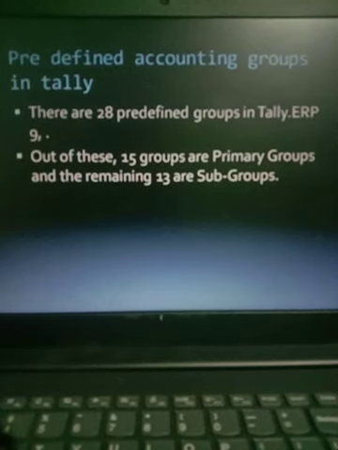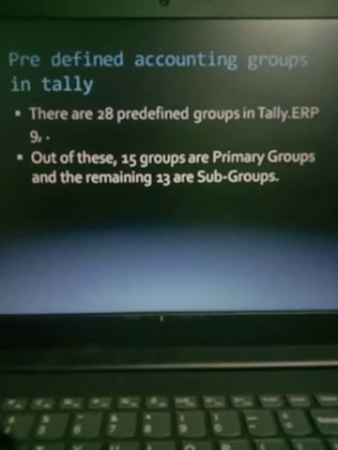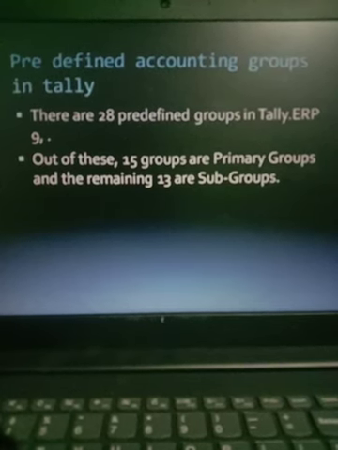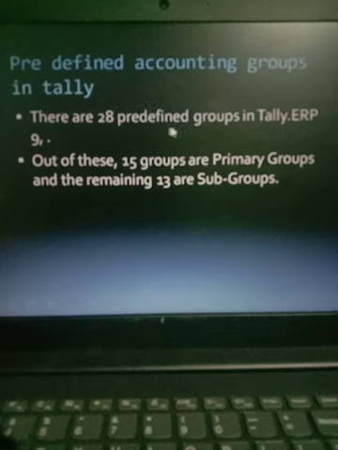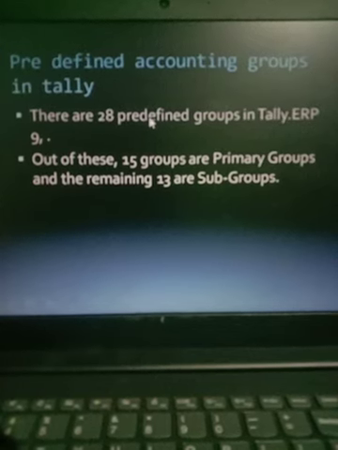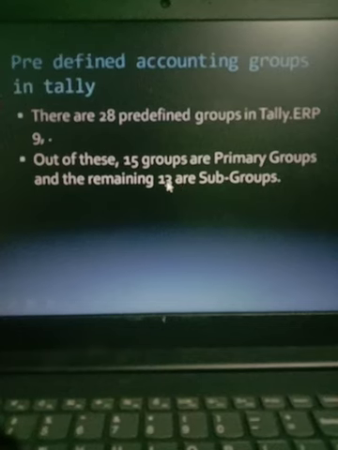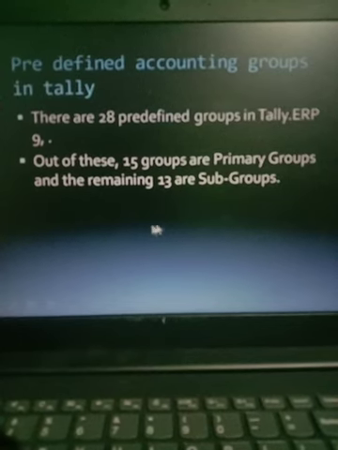Out of these, 15 groups are primary groups and the remaining 13 are subgroups.